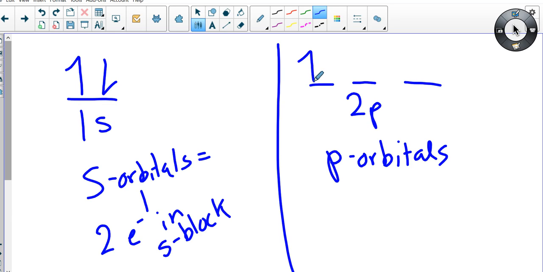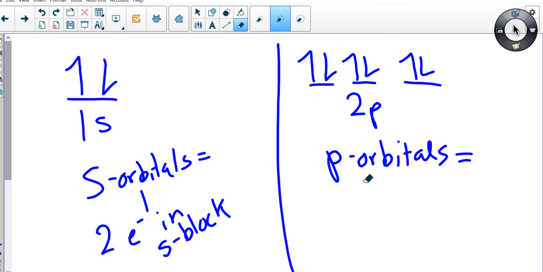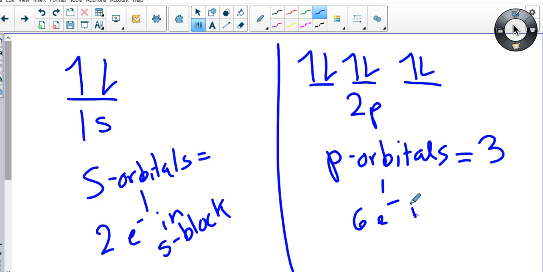Do you remember yesterday how they could only fill one at a time? Yeah. So that's your 6 electrons, and they're housed in 3 orbitals. 3 times 2 is 6. So there are 3 orbitals, because there are 6 electrons in the P block.